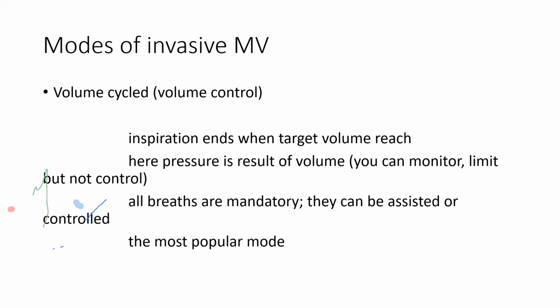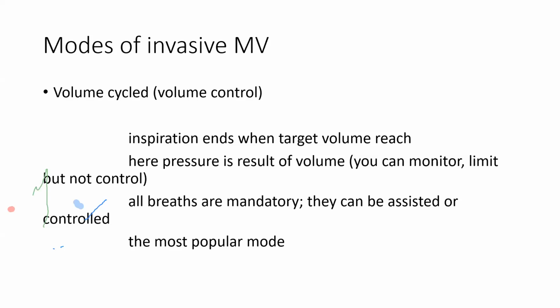So in volume control mode, the ventilator switches to expiration when a target volume is reached. So in this mode, it is an assist control mode, which means that you get to dictate all the aspects of a breath, the volume, how much the time is, how much the flow is, everything.